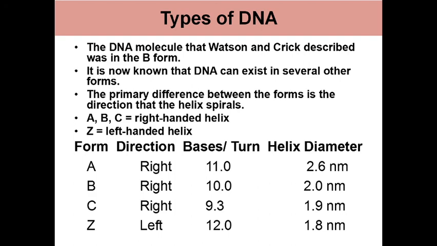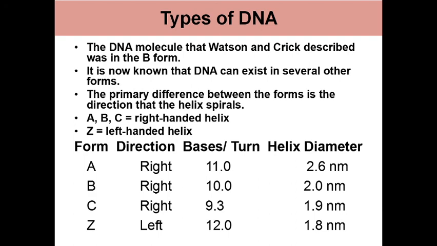Z DNA is rich in cytosine and guanine base pairs, CG base pairs. Hence, because of the bulky base pairs, it exists in a zigzag conformation, hence the name Z form of DNA. The function of Z form is not known yet, but it may influence gene expression.